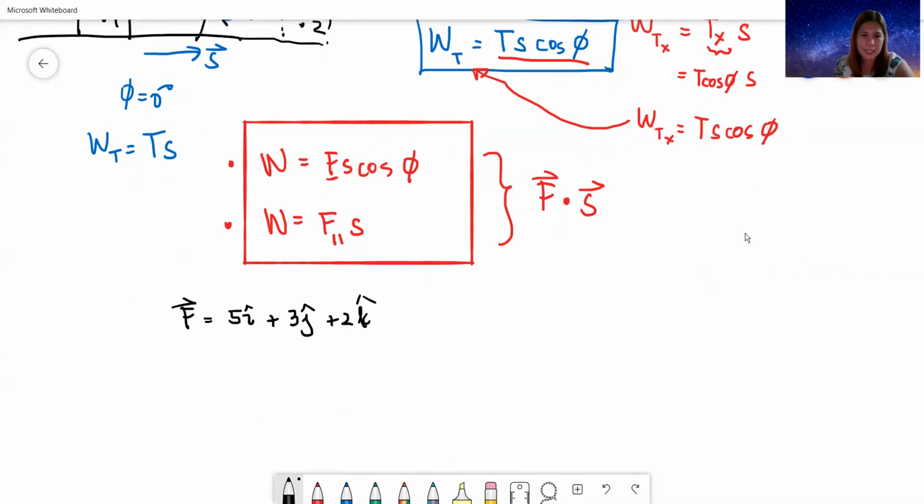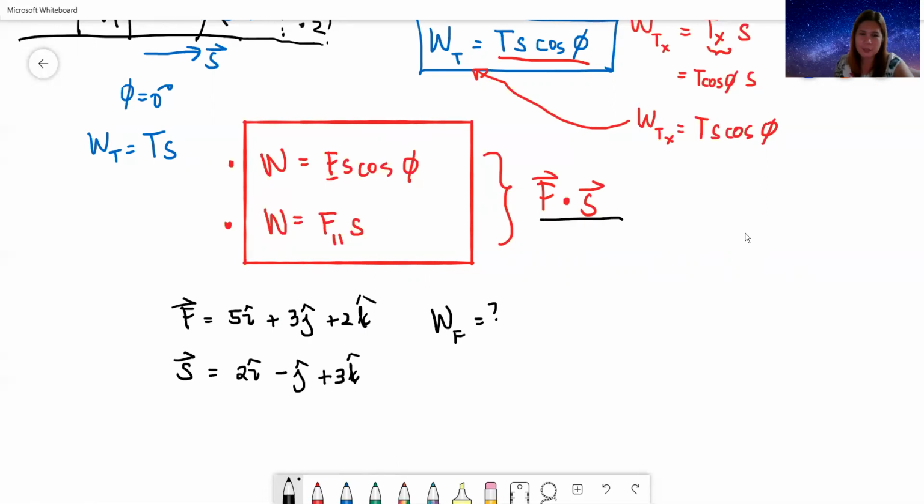And let's say the change in position, the displacement is given by, let's say, 2i minus j plus 3k. Yan. And then sasabihin, what is the work done by force F?